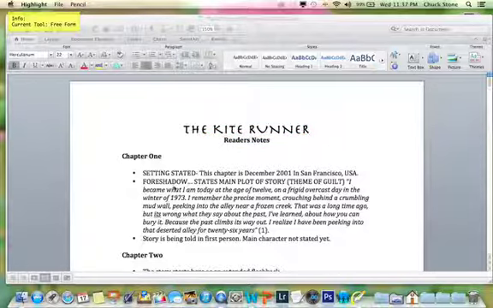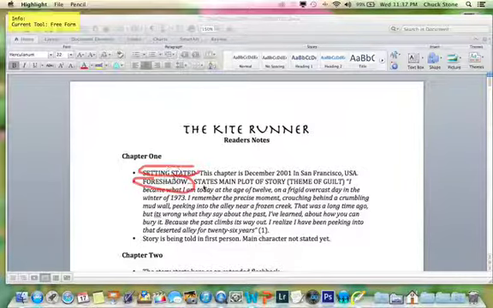But right away, taking a look, it looks as if Tara has gone ahead and read through the chapter and then gone back after having made some notes, and in reflection in her analytical notes goes back a second time and points out these things such as setting, foreshadowing, and the theme of guilt, which is contained in the main plot of the story.